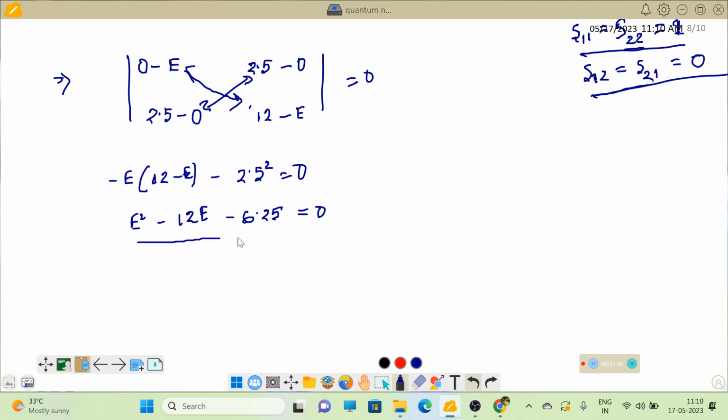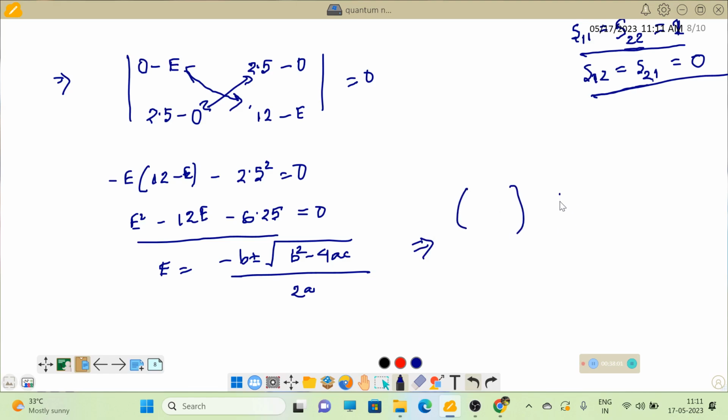Now you have to calculate E, which I already calculated; I don't want to waste time. Minus B plus or minus root of B squared minus 4AC, by 2A, you have to put that and match your answer. That will be, I think, minus 0.5. Calculate it and match the answer. Don't be lazy. Now coming to the next question.